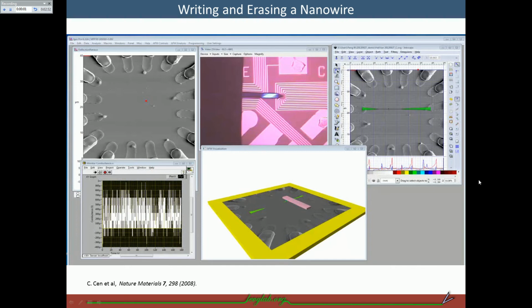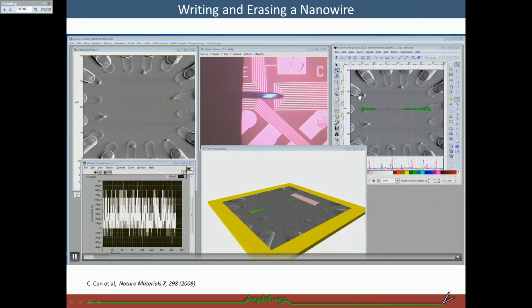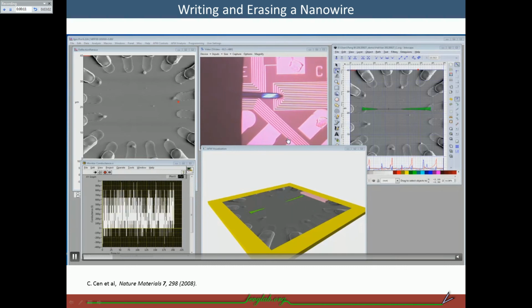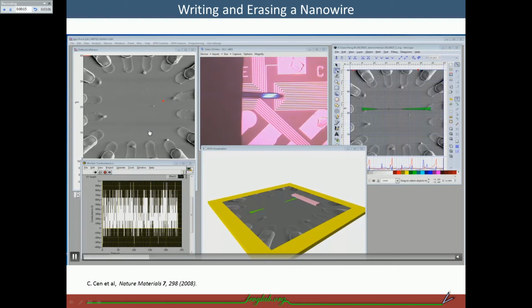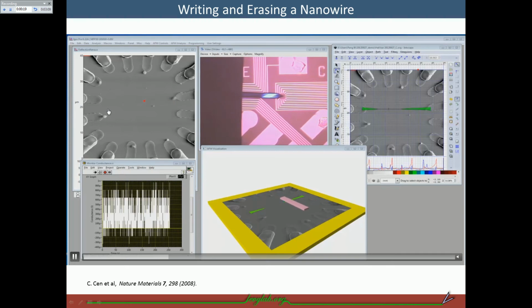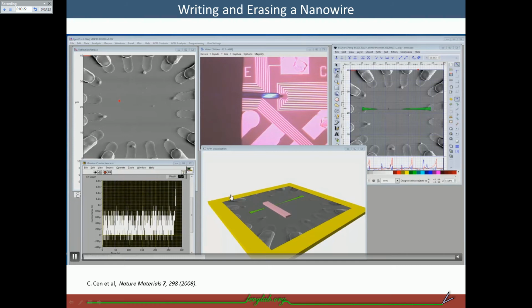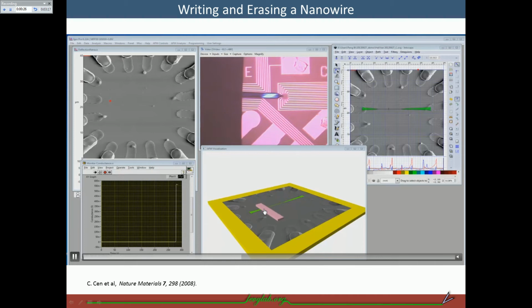So here I'll show you how we create these nanostructures with this AFM lithography. I'll play a cartoon here. Starting with a CAD design, this is the optical image of the AFM lithography, and this is the AFM topography image. Here we write a nanowire by the design, by applying a positive voltage to the tip.